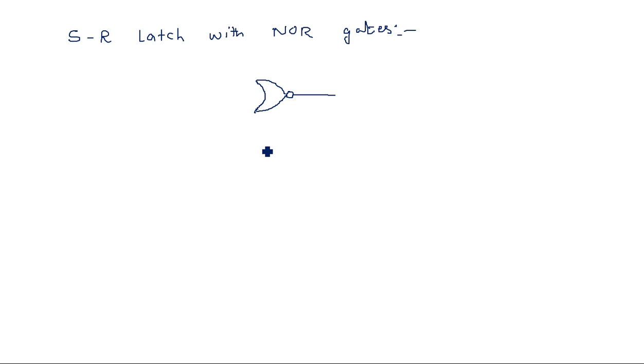Take two cross coupled NOR gates. Cross coupling is nothing but the output of the above gate connected to the input of the bottom gate. So this is R, this is S, set and reset. The outputs are Q and Q bar.